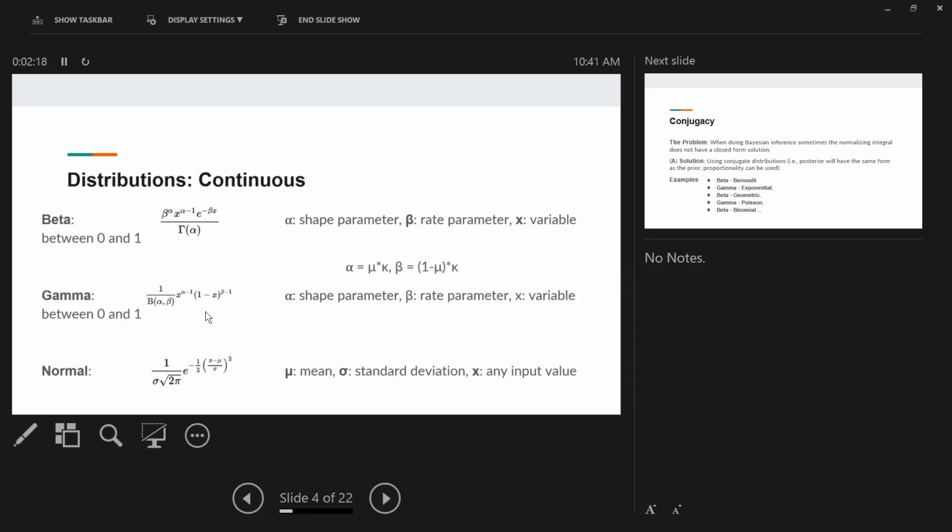As you can see, maybe I should use the mouse. This is a normalizing constant. So that's why the beta distribution falls between 0 and 1. This one doesn't have a normalizing constant. It does have some division, but it's not a normalizing constant. Okay, was that clear for online?